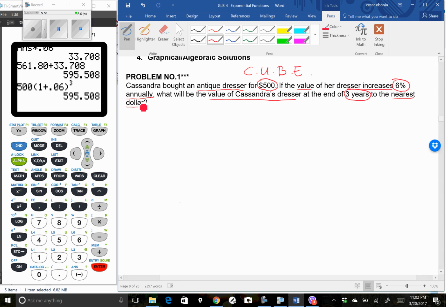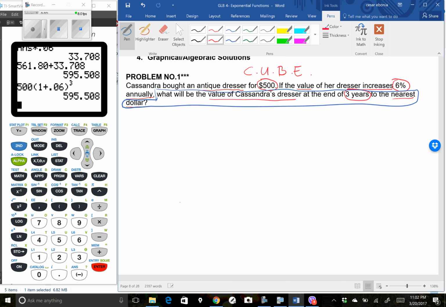So this is how we use CUBE: underline keywords, circle the numbers, and the last one is box the problem. The problem here is asking what will be the value of Cassandra's dresser at the end of 3 years to the nearest dollar.